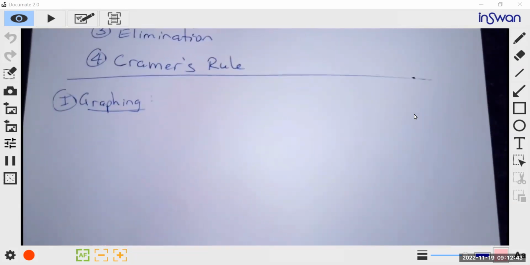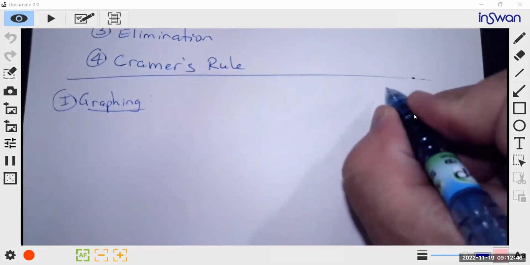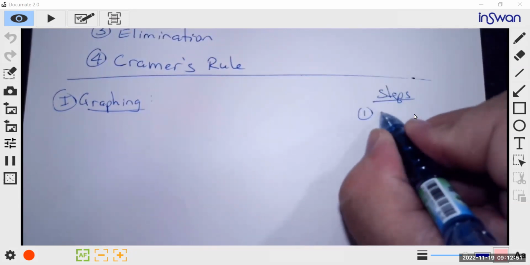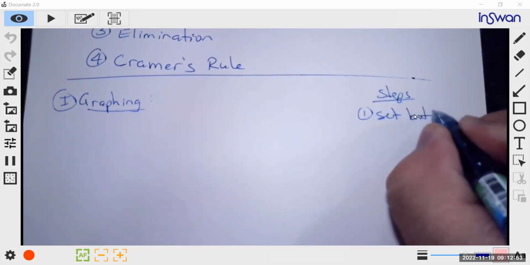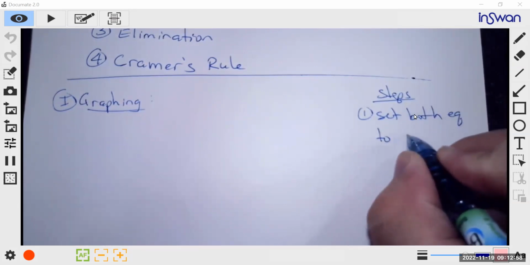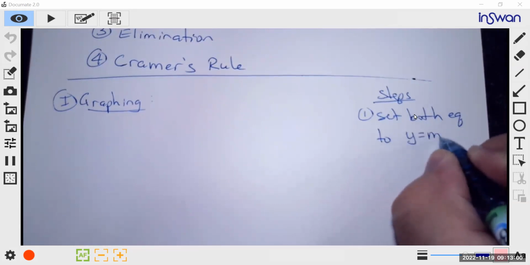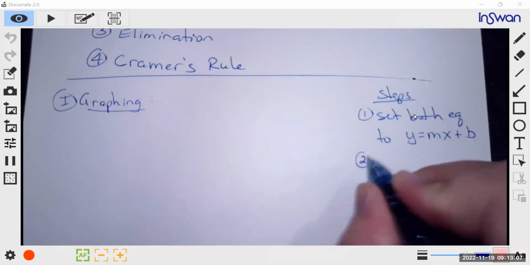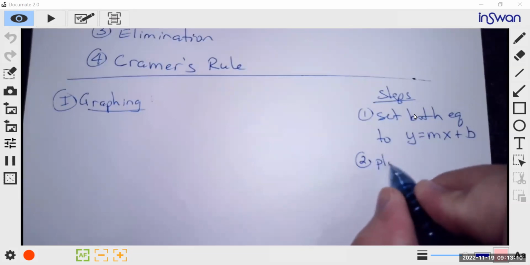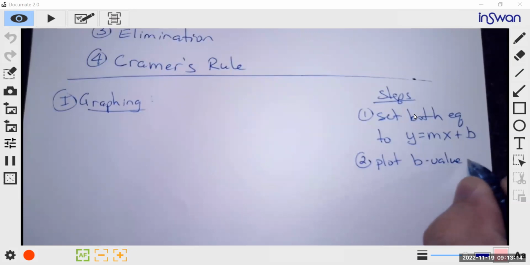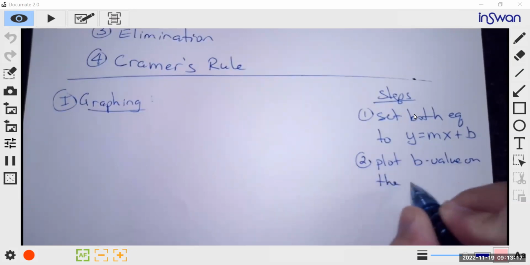By graphing. Here are the steps. Set both equations to y equals mx plus b. That's the slope-intercept form. Plot the b value on the y-axis.